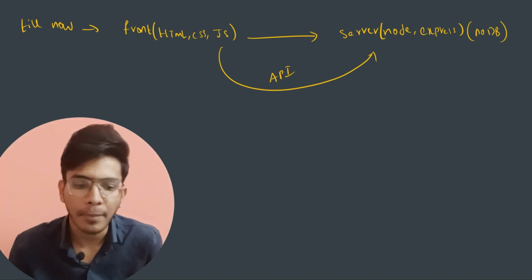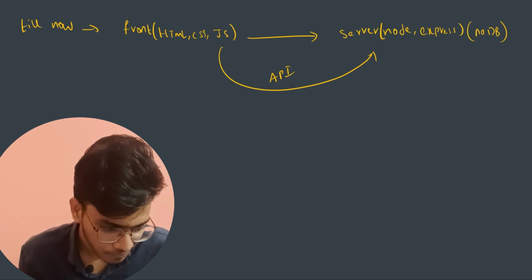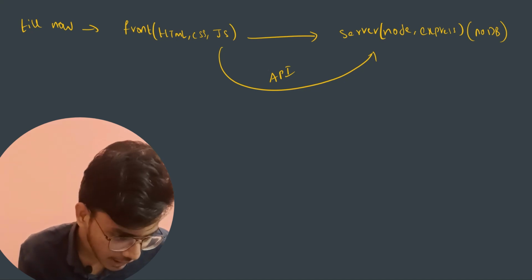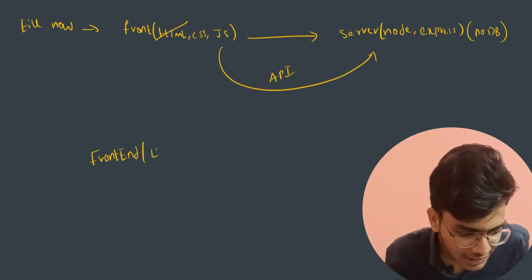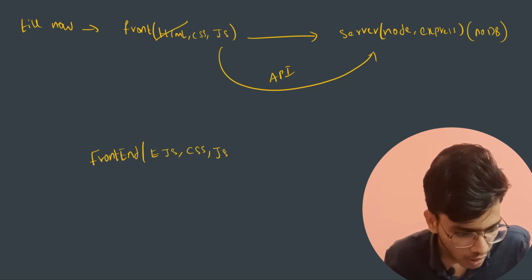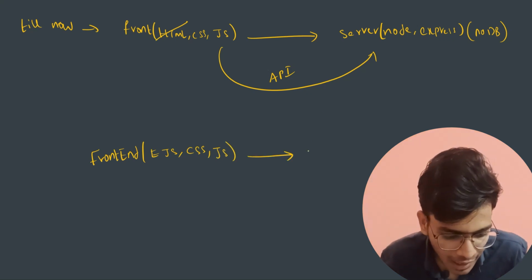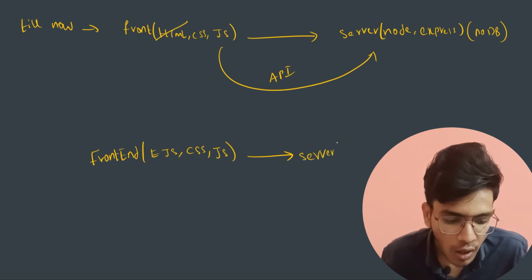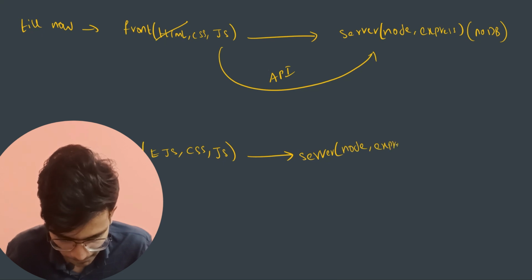Now what will happen from now on is that on the front end side, in place of HTML, we will use EJS, CSS and JavaScript. We will send our request to our server, and the server is built on Node and Express, right?